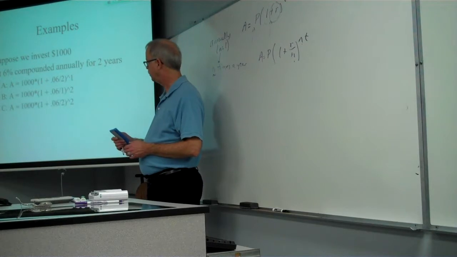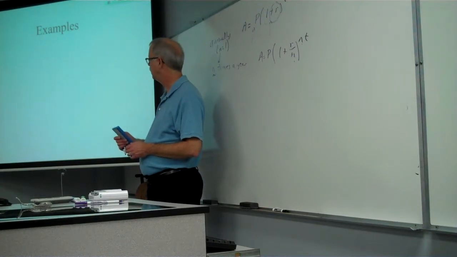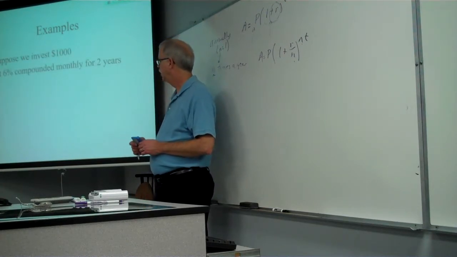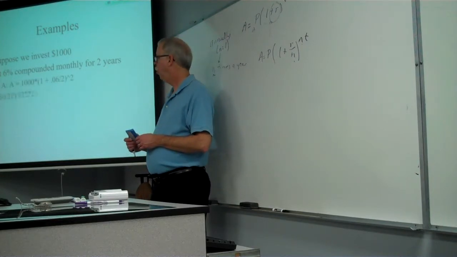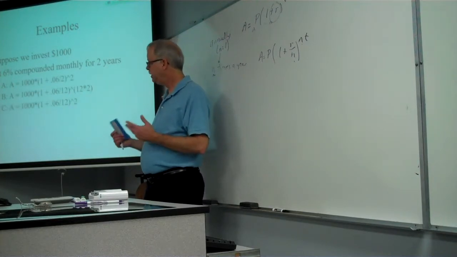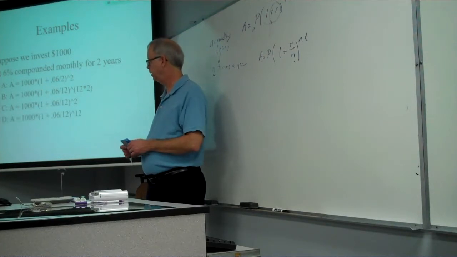And so we can say, well, if we invested $1,000, say at 6% compounded annually for 2 years. Actually, let's skip that one. I want to make sure. Let's look at this one. So 6% compounded monthly for 2 years. What formula would we need to be putting into our calculator?